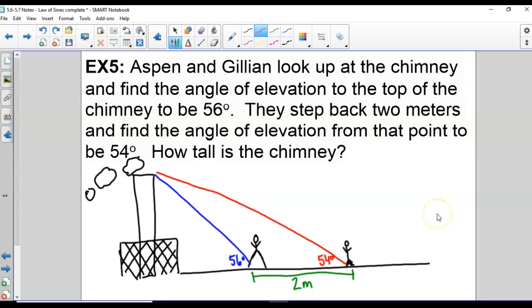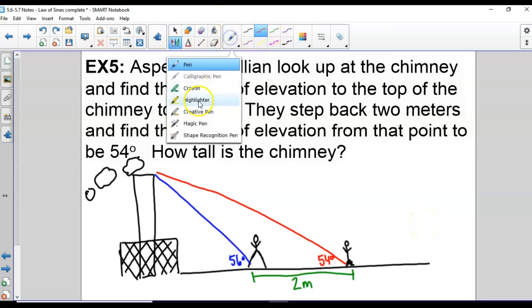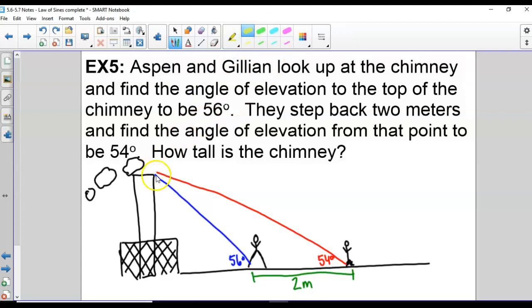Okay. So what we're going to have to do is look at this big triangle we have here. Because we cannot solve the right triangle over here yet, because all we know is one angle. In order to do regular trig, you've got to have an angle and a side, or 2 sides.